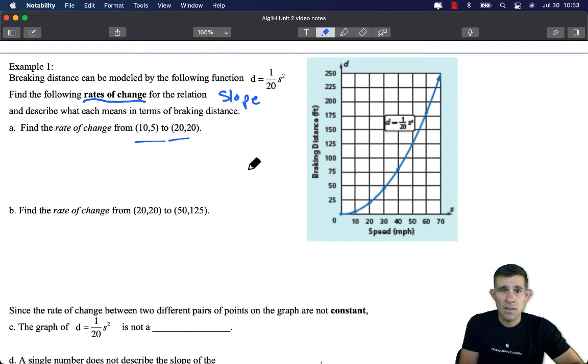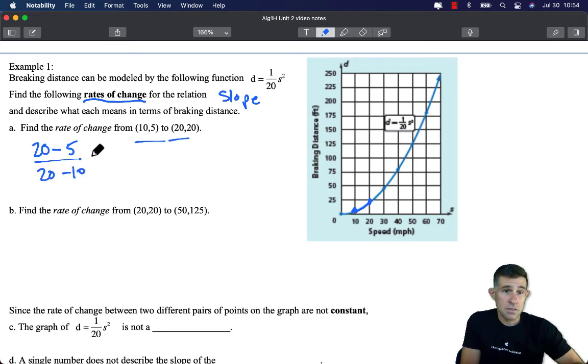So over here, we're finding the rate of change between the 2 points, 10, 5, that's this one here, and 20, 20. So yeah, it's this one right here. And if I draw that line between those two, here is the line whose slope we're trying to find. So following our slope formula, we're going to take 20 minus 5 and divide that by 20 minus 10.